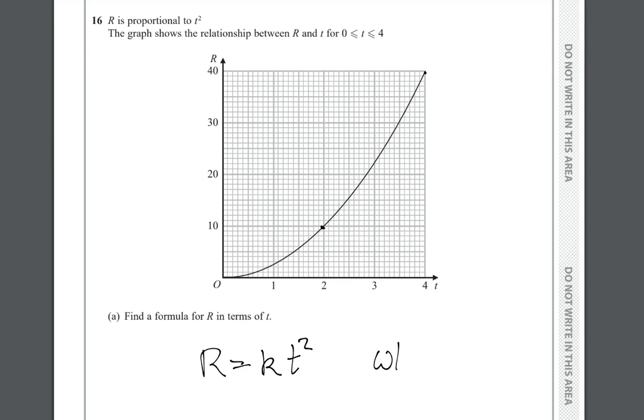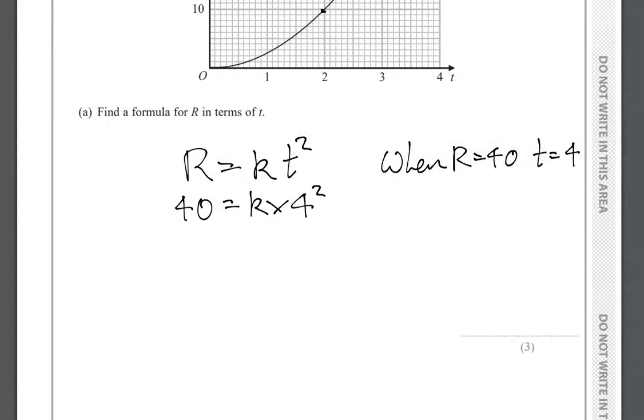So when R is 40, t is 4. So we've got 40 equals k times 4 squared. So 4 squared is 16, so we've got 40 is k times 16.